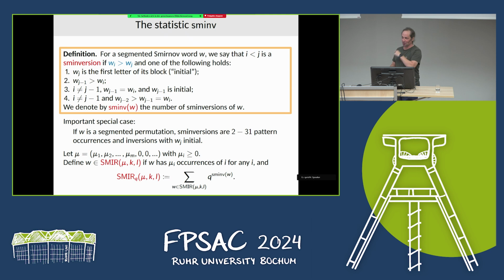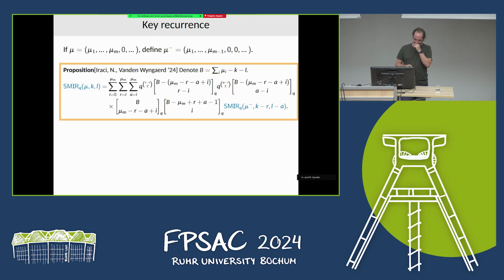You can all prove the next fact. So it looks ugly, but anyway, this is the main recurrence. So what do you have here? I define this Smirnov of mu. I have to define this mu minus. So you just take the last part. I assume here that mu_m is positive, and then you just remove mu_m.